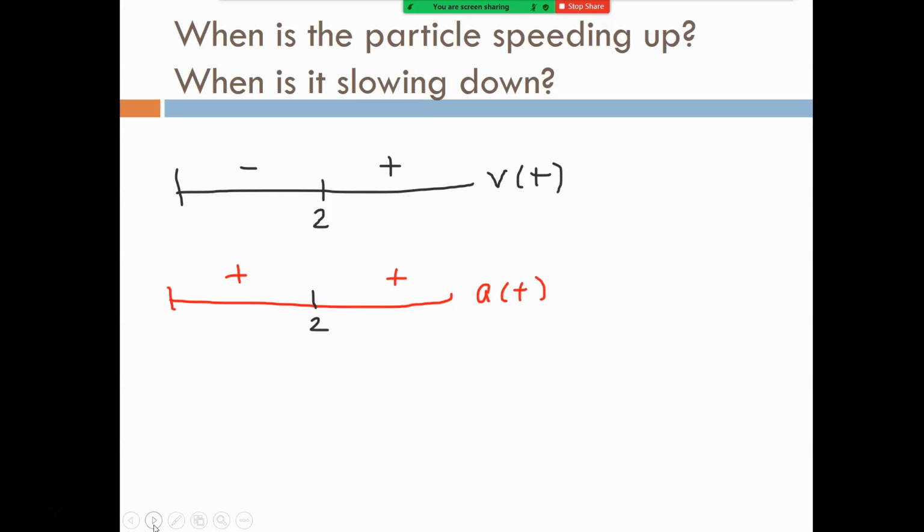So from 0 to 2, are the signs the same or different? Different. So the signs of acceleration and velocity are different from 0 to 2. Therefore, it is slowing down from 0 to 2.